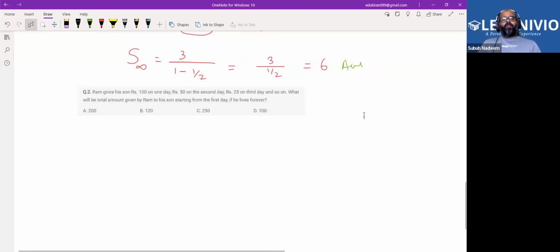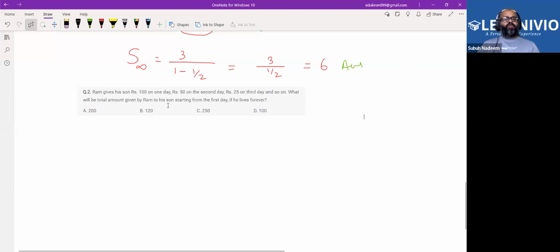It says Ram gives his son rupees 100 on one day, rupees 50 on the second day, rupees 25 on third day, and so on. What will be total amount given by Ram to his son starting from the first day if he lives forever?